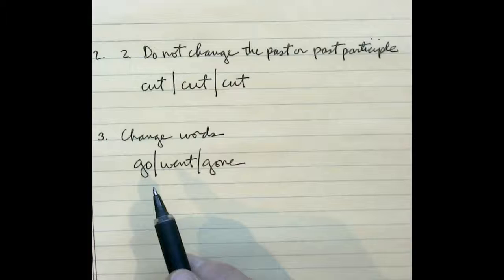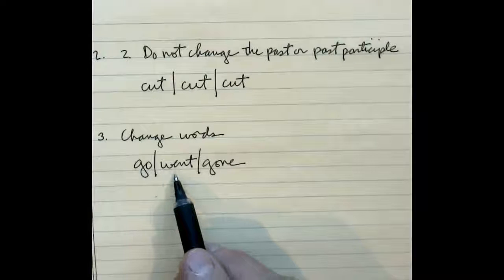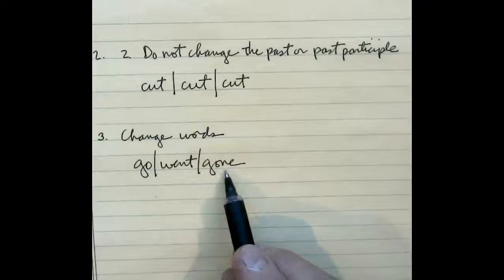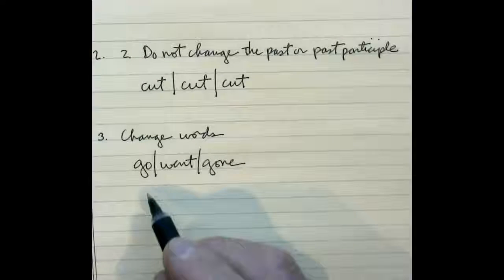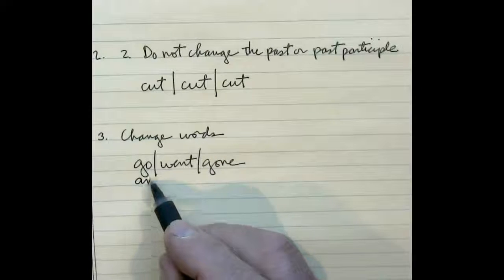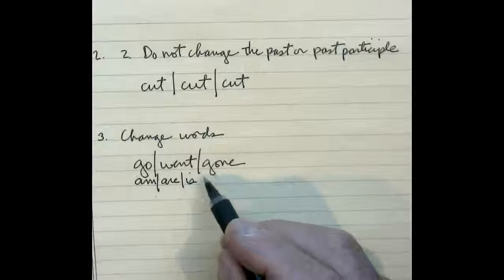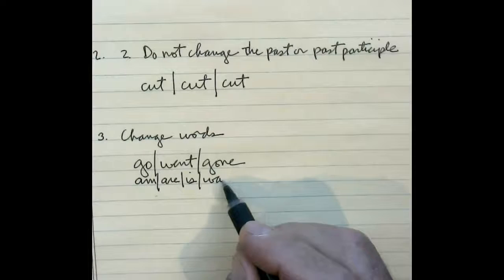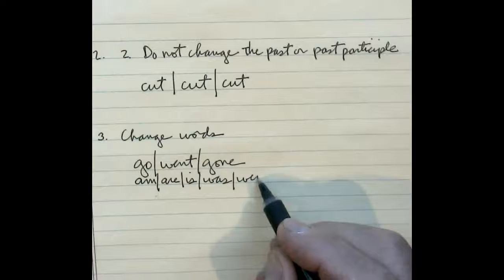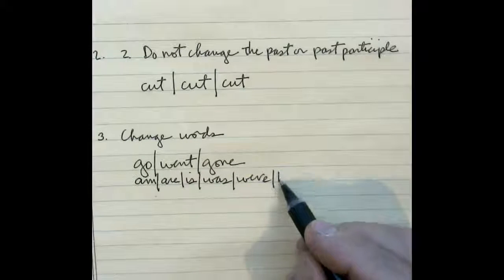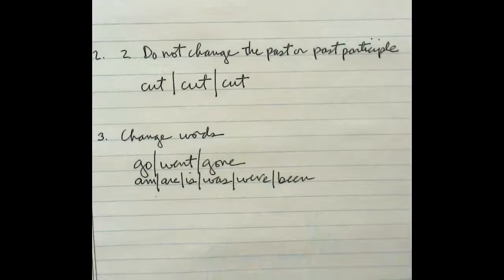So we have the bare root, we have the past, we have the past participle. You have am, are, is, was, were, been. That's probably the most famous irregular verb in English.